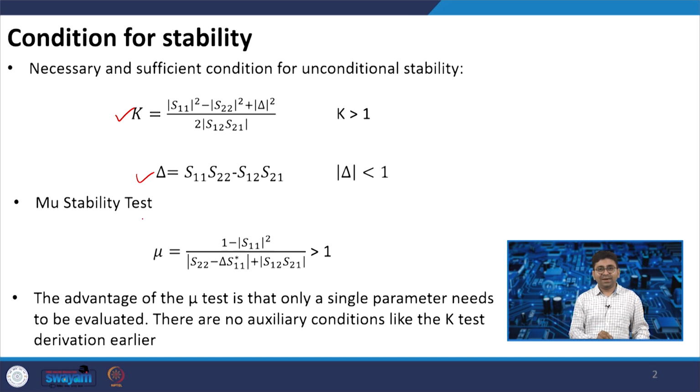In the K delta test you require two equations. However, in the mu test you require only one equation. If your mu is greater than 1 for the entire frequency range in which you want to design your amplifier, then it is unconditionally stable. The advantage of the mu test is that only a single parameter needs to be evaluated. There are no auxiliary conditions like the K test and then the delta test.